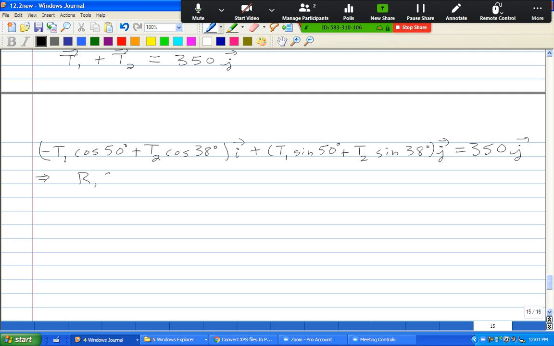Maybe I'll call my first equation R1. I might need that notation in the future.